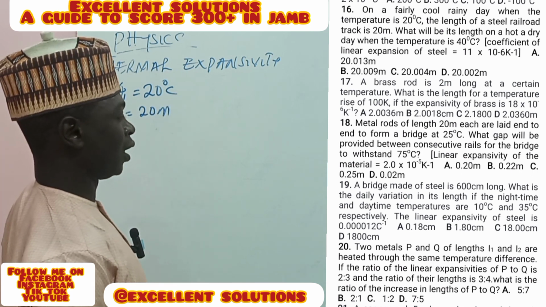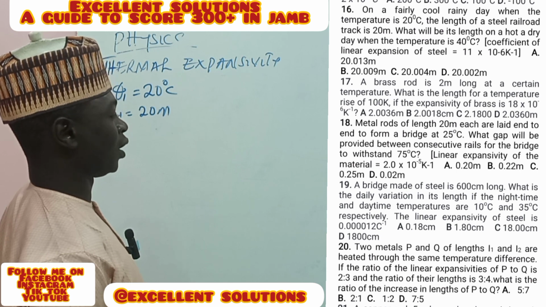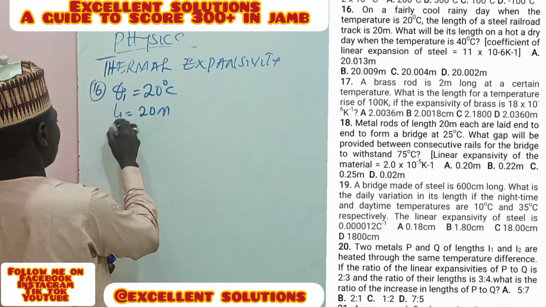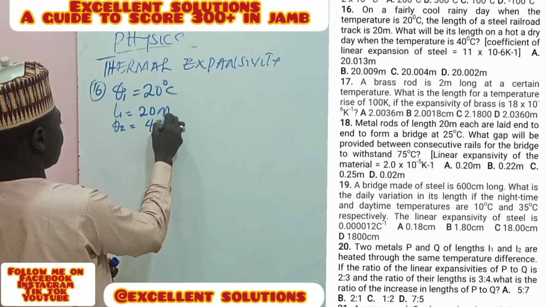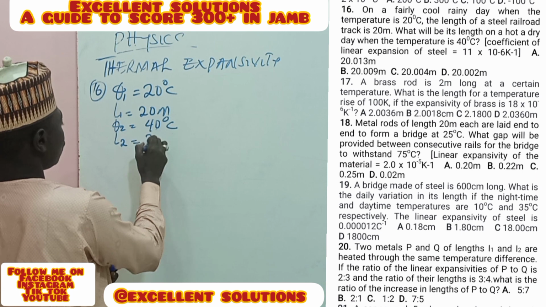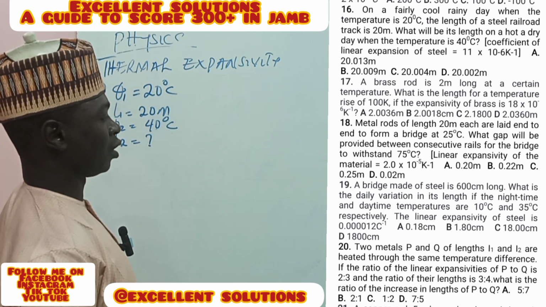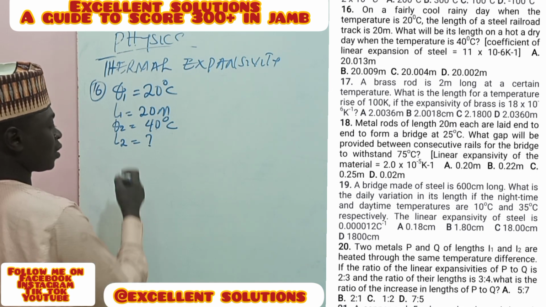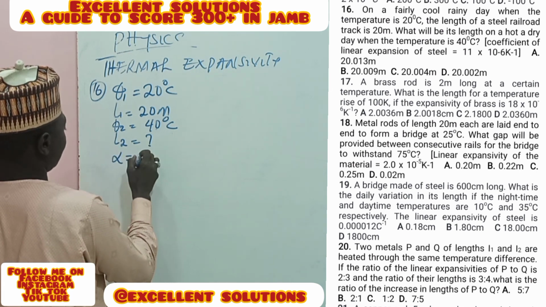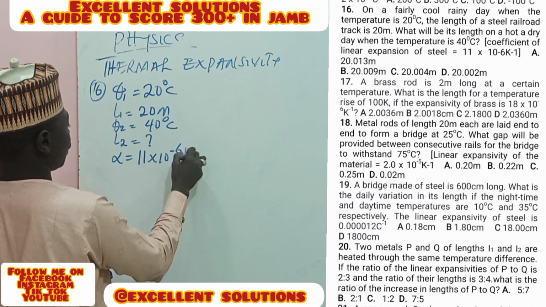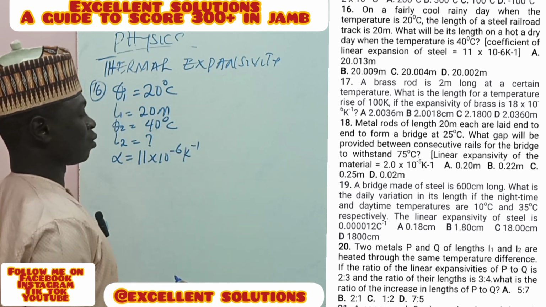What will be its length on a hot dry day when the temperature is 40 degrees Celsius? Theta 2 equals 40 degrees Celsius, and we are asked to look for L2. The coefficient of linear expansion of steel is 11 times 10 to the power of minus 6, so alpha equals 11 times 10 to the power of minus 6 per Kelvin.